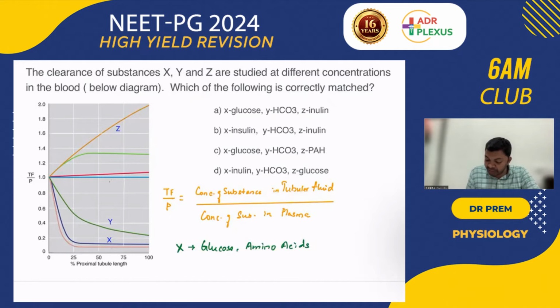Hence, by the end of the proximal tubule, the ratio will be close to zero, slightly more than zero, because the denominator will be very high and the numerator very low. That is the way you have to read this question. So this is going to be glucose as well as amino acids, because the reabsorption rate is 100%.